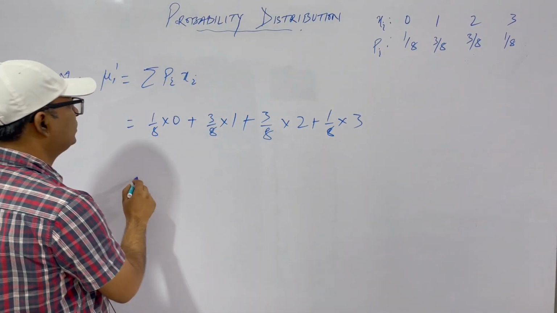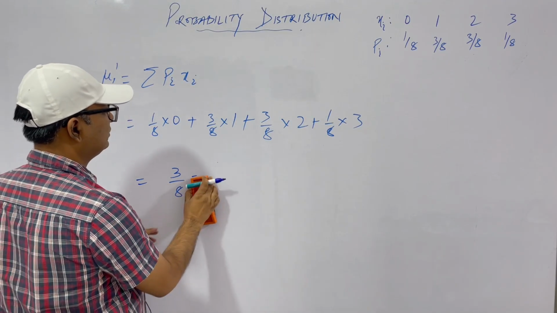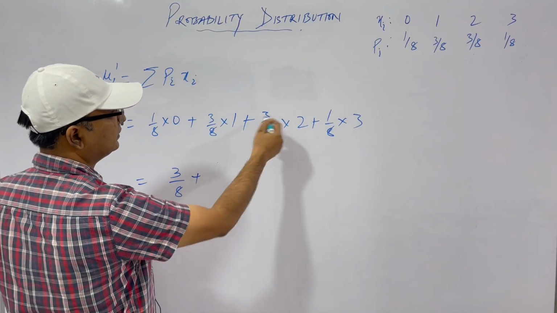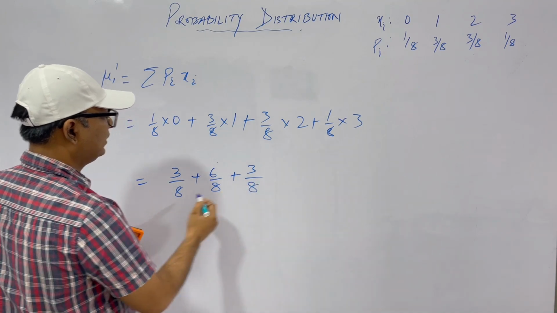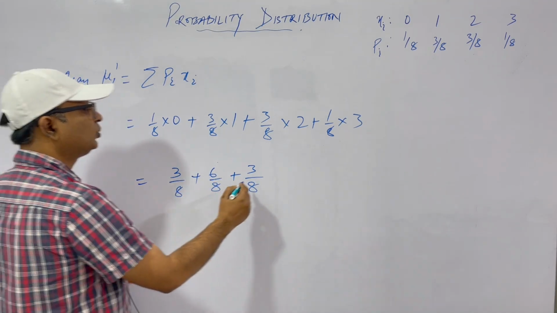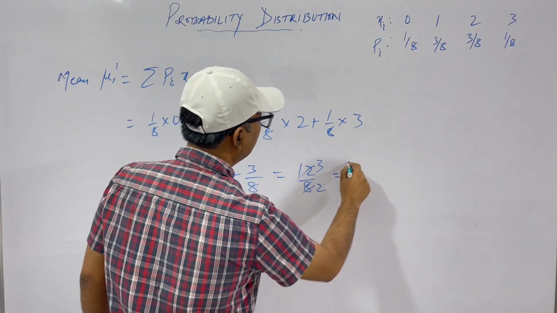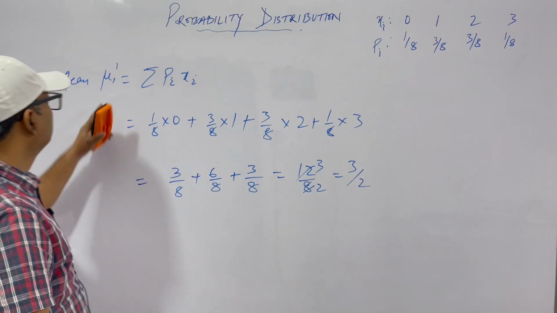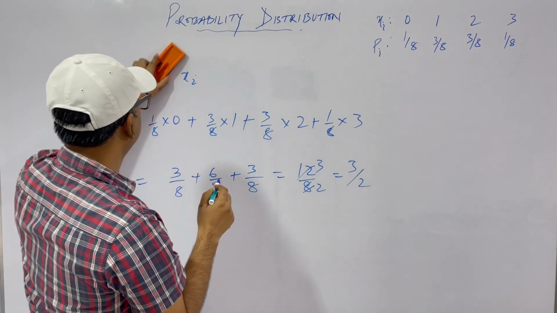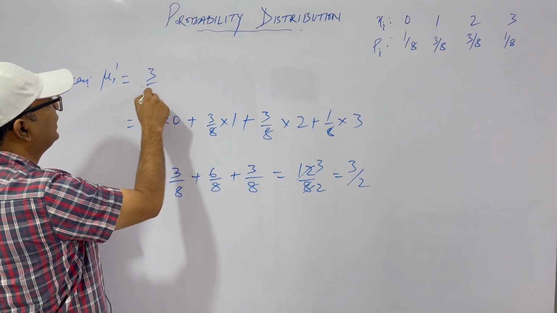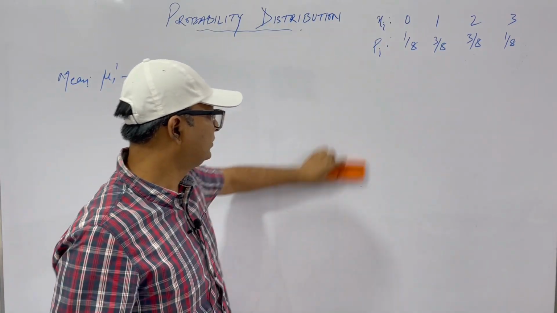So this is 0, plus 3 by 8, plus 6 by 8, plus 3 by 8. So this is 3 plus 6 plus 3, that is 12 by 8, which is 3 by 2. So our mean is 3 by 2. I am writing it here, 3 by 2. Now, what is variance?